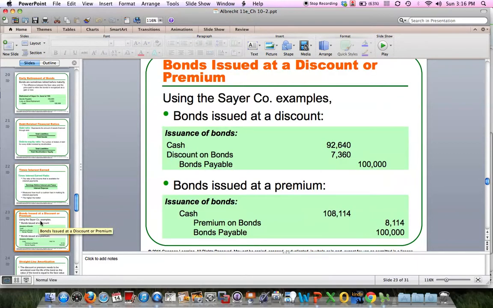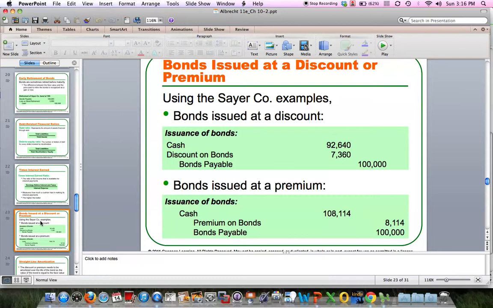Okay, what if bonds are issued at a discount or a premium? The journal entries we looked at earlier were for bonds issued at market value, where market rate and stated rate were the same. But what would be more common is when bonds are issued at either a discount or a premium.